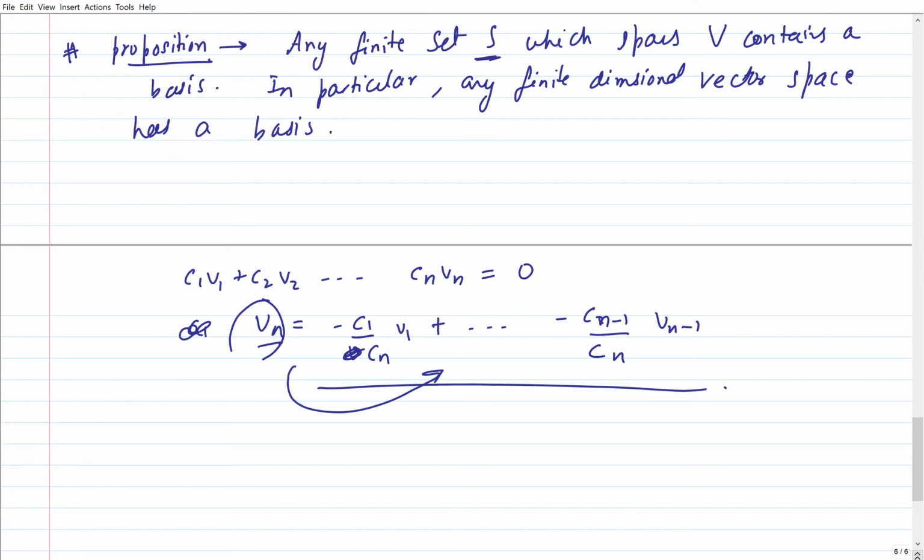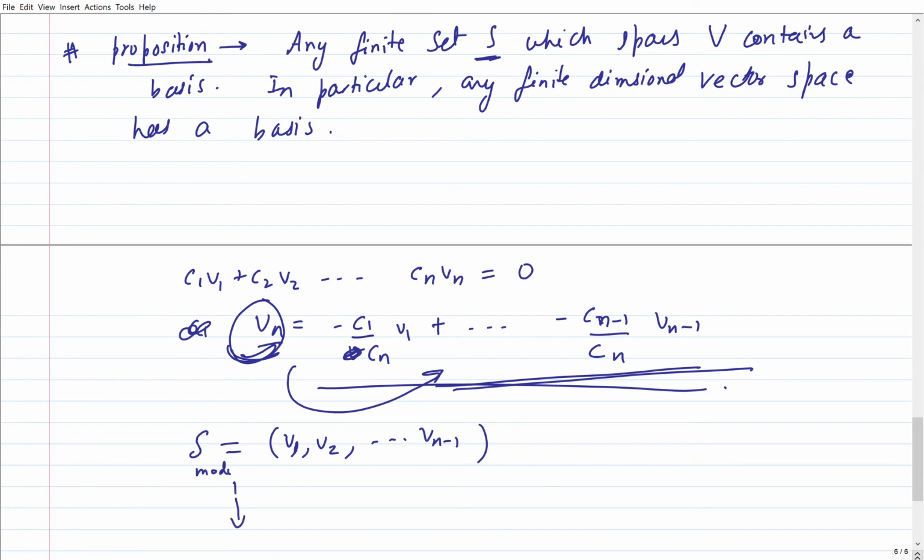The modified set is now going to be V1, V2, up to Vn minus 1. And notice I still span the vector space because the vector Vn could be written in terms of the remaining vectors.